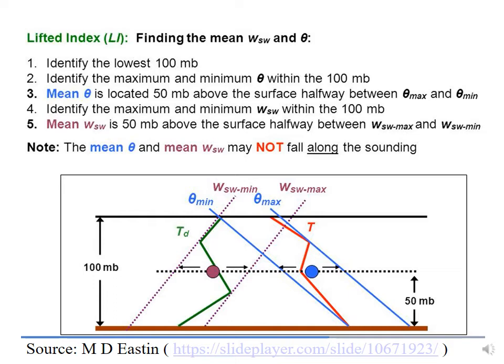And you do the same thing with the mixing ratio, R. You find the maximum and the minimum in that layer, and you take the average of those. That gives you your starting point for calculating the lifted index.